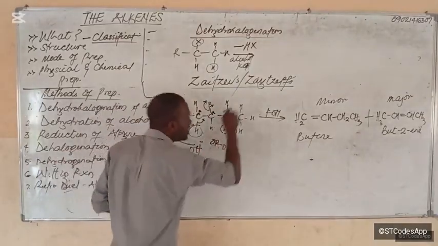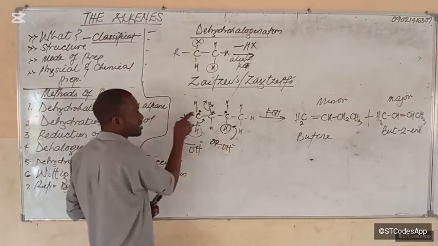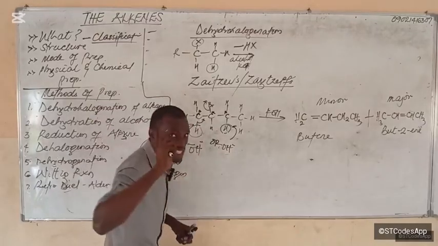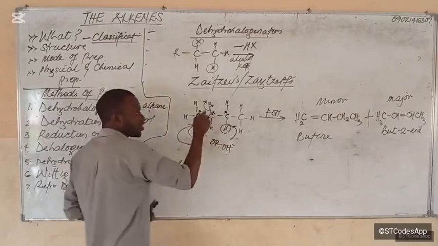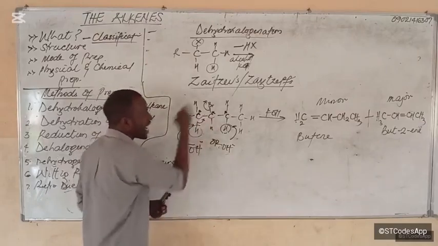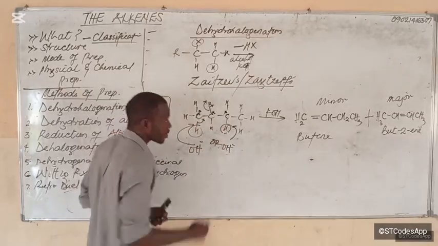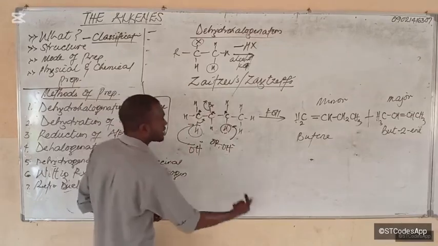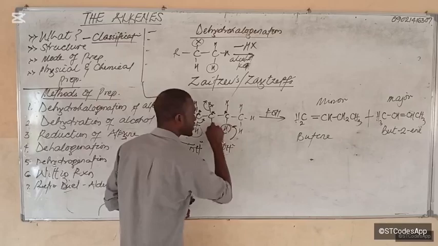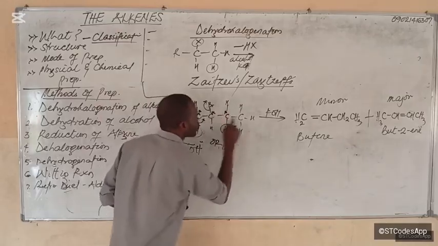So the hydrogen is going to leave from this guy, and this one is the least substituted. Why is it least substituted? This one is least substituted because there are three hydrogens and one carbon, but this one is more substituted than that because there are two hydrogens and two carbons.